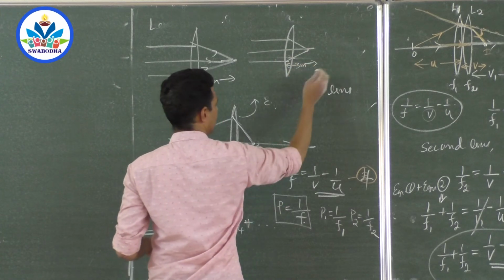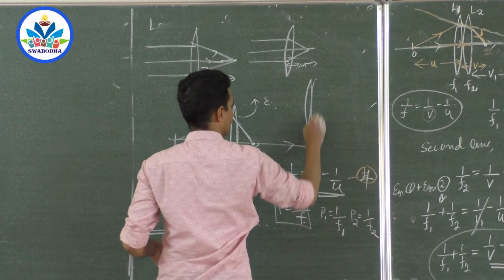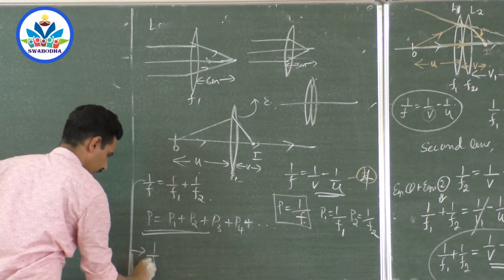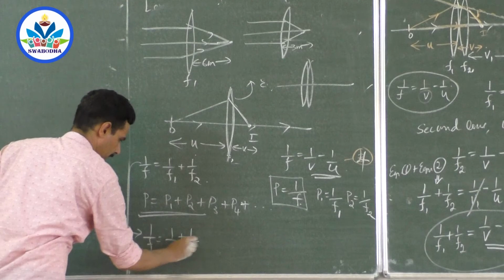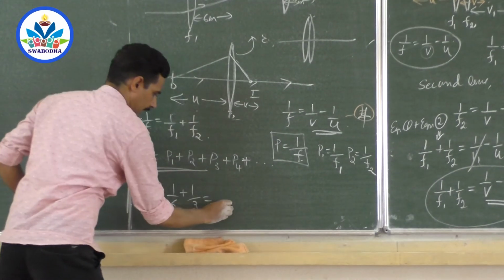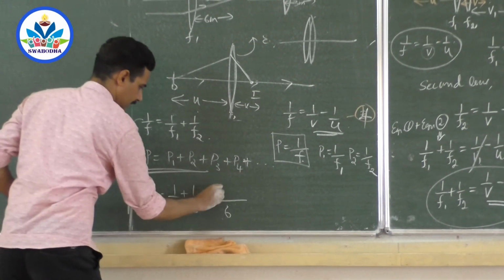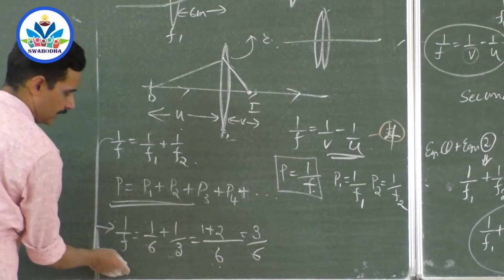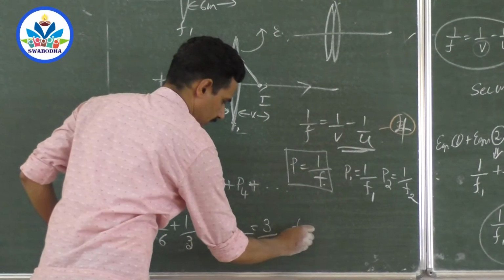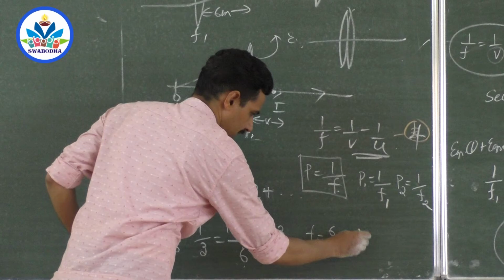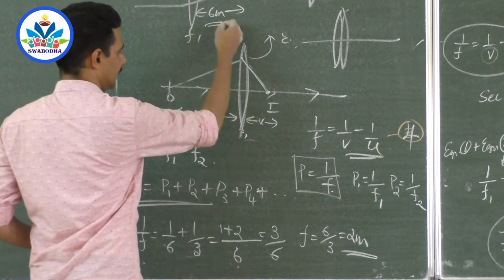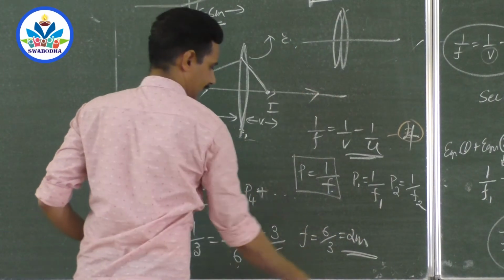Now when you combine them like this, what about the focal length? Substitute the values here. 1 by f is equal to 1 by 6 plus 1 by 3. I can take 6 common. 1s are 3, 2s are 2, 3 by 6. But this is 1 by f. What is f? f is equal to 6 by 3, is it 2 meters? What do you mean by 2 meters? It is lesser than 6, lesser than 3, lesser than both.